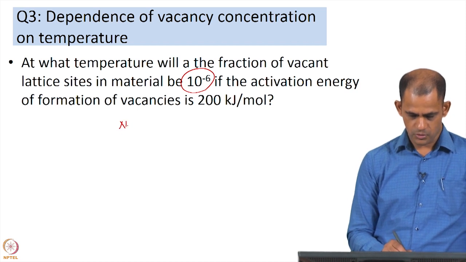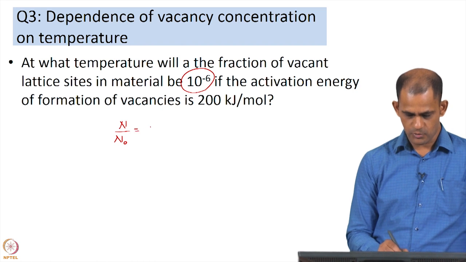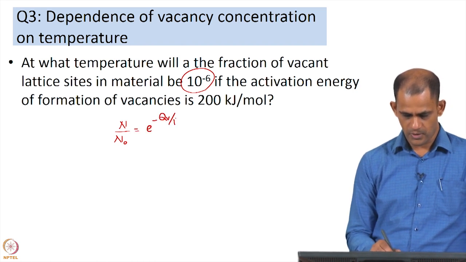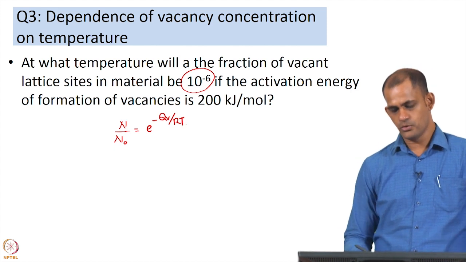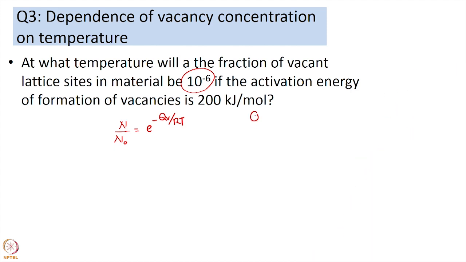To solve this question we are going to use this relation: n over n naught is approximately equal to e to the power minus Q V over R T. So, Q V is the activation energy for formation of vacancies.